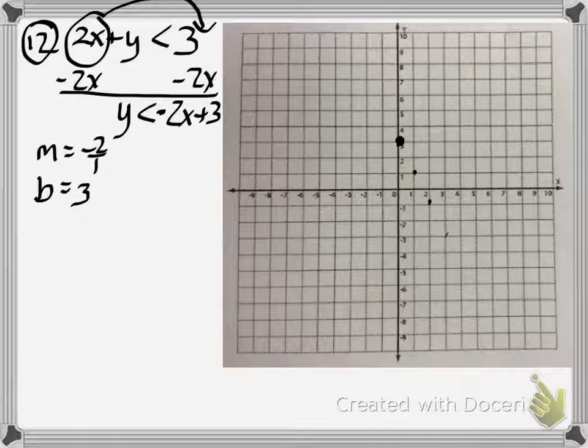And I go ahead and just plot that all the way through my graph to help me draw my line because I don't have a ruler. Now, are we shading above or below? Below.